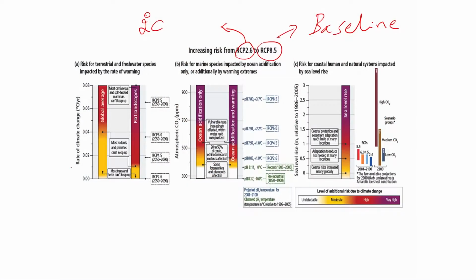So the rate of climate change in degrees per year, the risks for terrestrial and freshwater species impacted by the rate of warming, obviously increase as you go from 2.6 to 4.5, 6 and 8.5. The global average increases, so most trees and herbs cannot keep up as the rate of warming in terms of degrees per year begins to increase. You should get used to that.